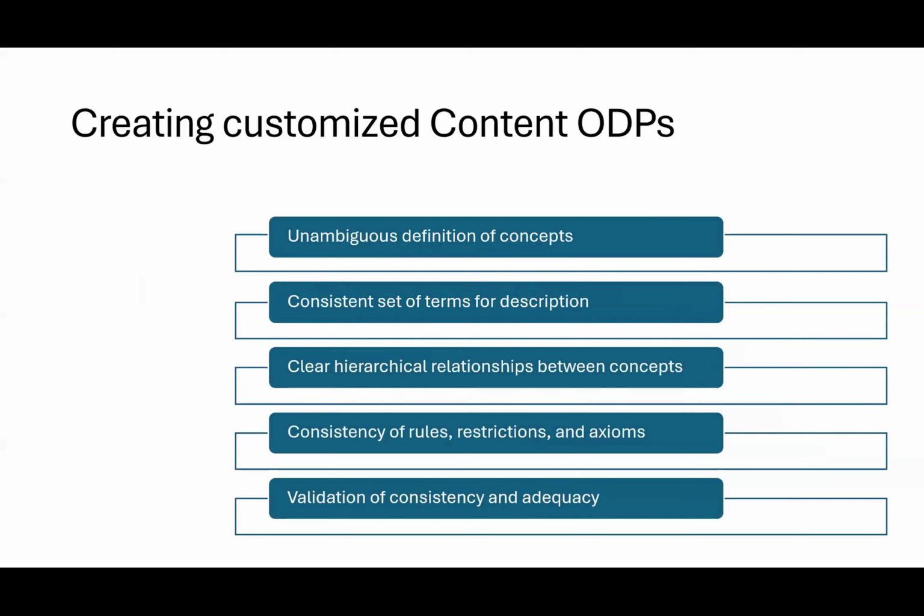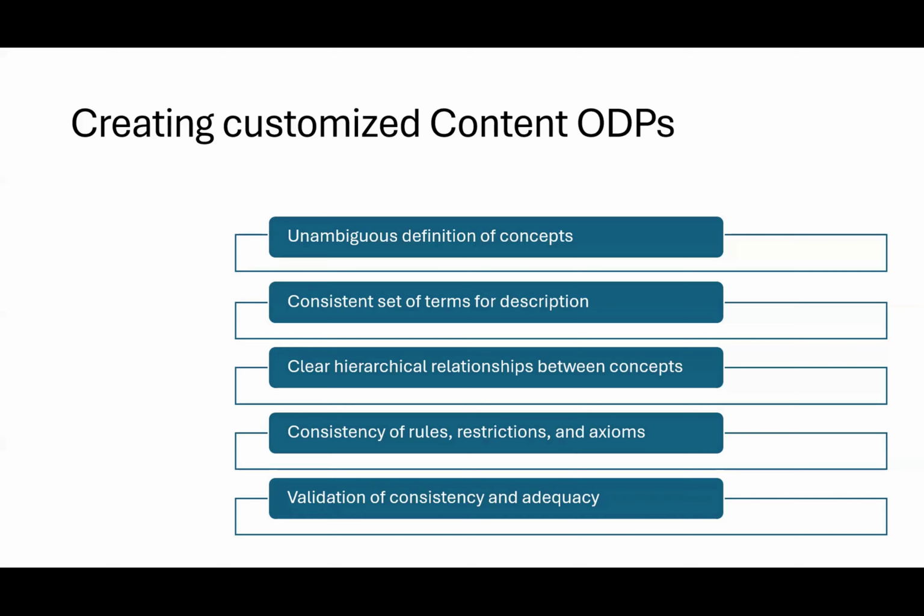Creating customized content using the patterns has these steps. First of all, we need to make sure that our concepts are defined unambiguously and very precisely. Then we prove that the set of terms and descriptions are consistent.